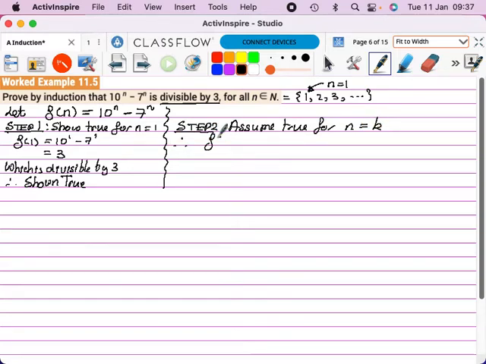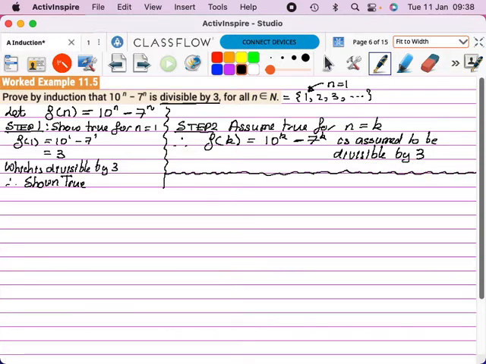Therefore, replace the n by k in the formula, and we've got f of k is equal to 10 to the power of k minus 7 to the power of k is assumed to be divisible by 3. It is assumed to be divisible by 3.